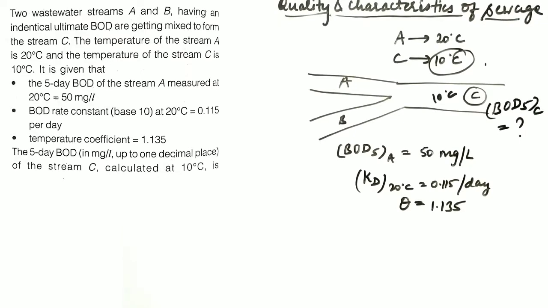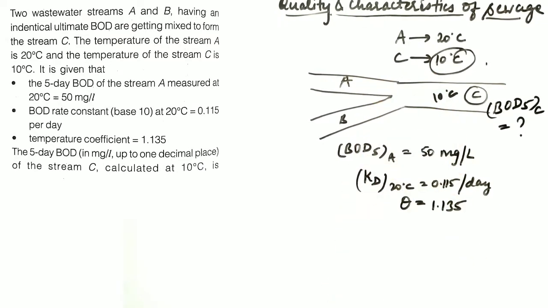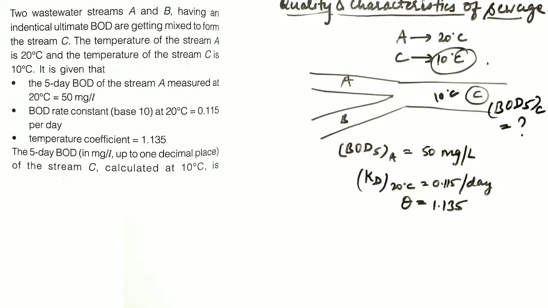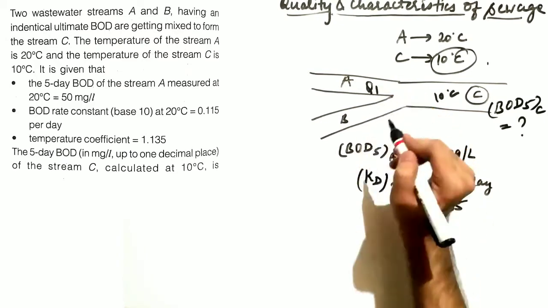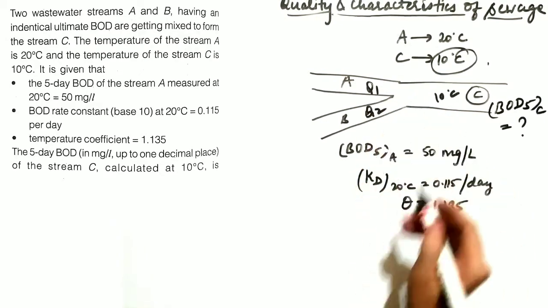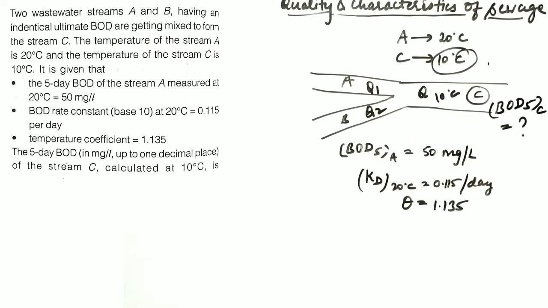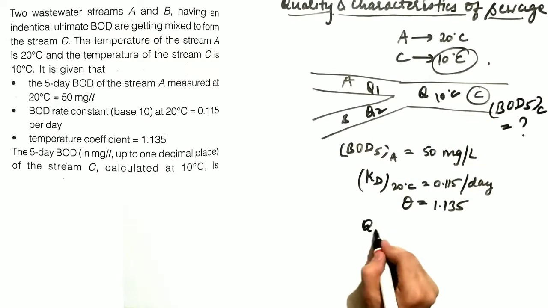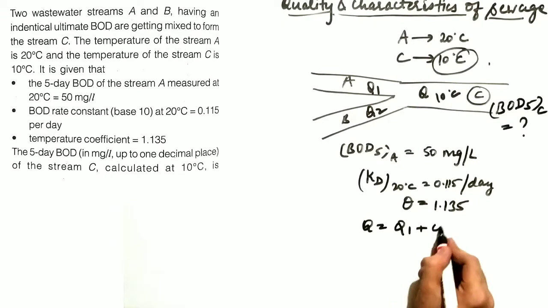How will you be able to solve this question? You are very well aware that A and B have the same ultimate BOD. The BOD ultimate value of streams A and B is absolutely equal. Let us suppose this is Q1 discharge, this is Q2 discharge, and stream C has a discharge of Q. Now Q will be equal to Q1 plus Q2.